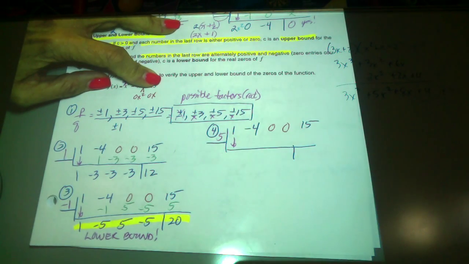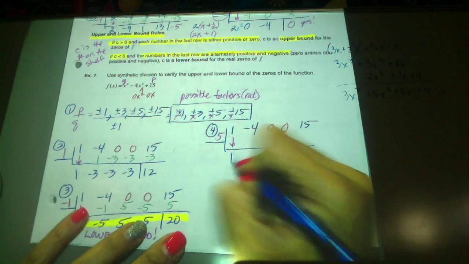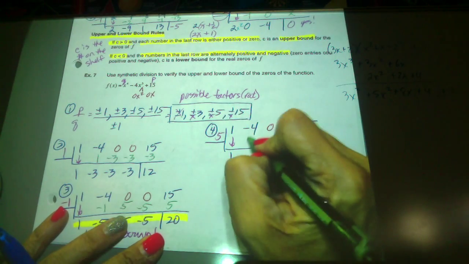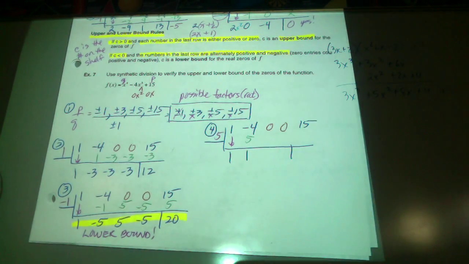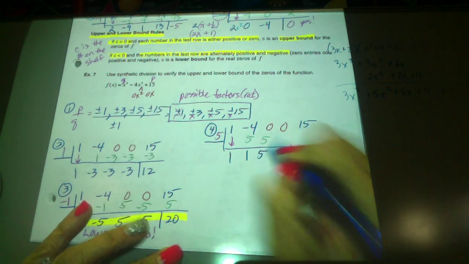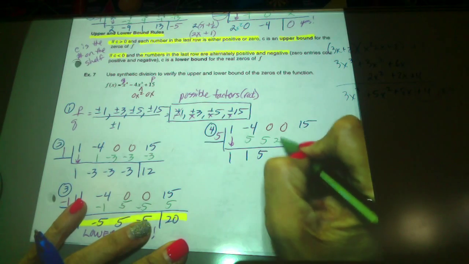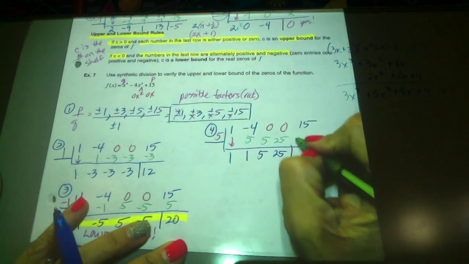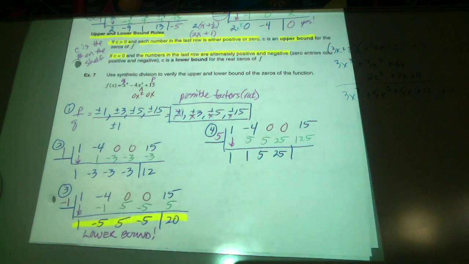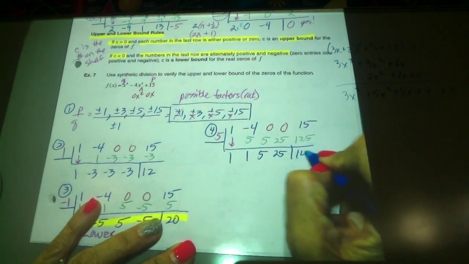Bring down the first term. So 5 times 1 is 5. Add down, I get 1. 5 times 1 is 5. Add down, I get 5. 5 times 5 is 25. Add down, I get 25. 5 times 25 is, pretty sure it's not working, 125, and I get 140.